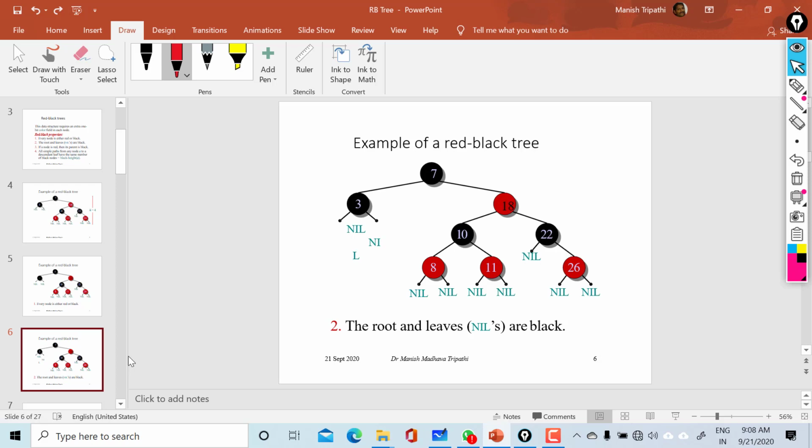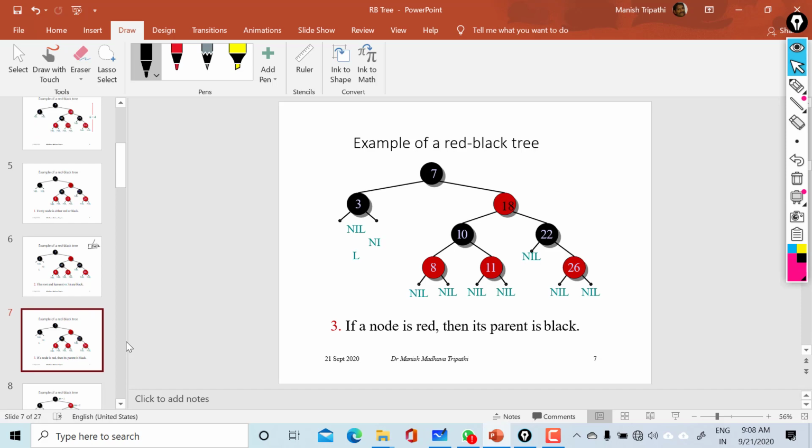Leaves are nil and they are black also. As I explained earlier, a nil leaf node has a parent and its value is blank.